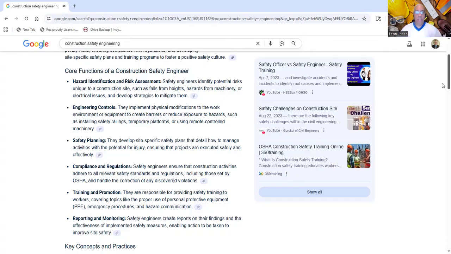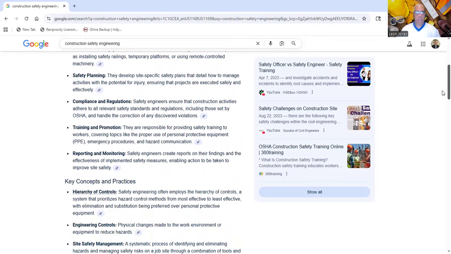The construction engineer who's in charge of the safety, known as the construction safety engineer, is responsible for providing safety training to workers, covering topics like the proper use of personal protective equipment, known as PPE, emergency procedures, and hazardous communication.